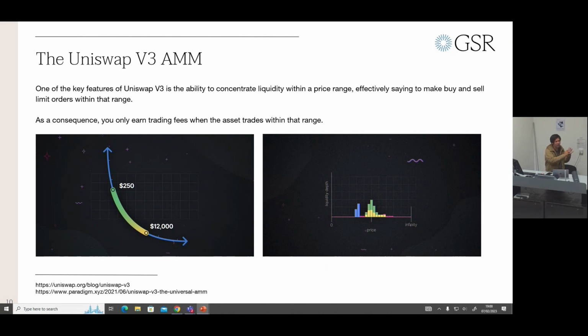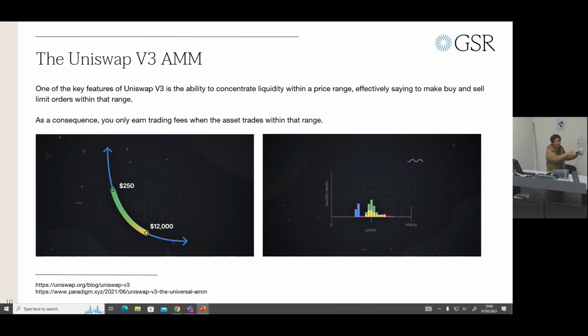We don't want to be offering buy and sell limit orders at all sorts of prices. Let's say we only want to focus on buying and selling some ether between $1,000 to $1,200.